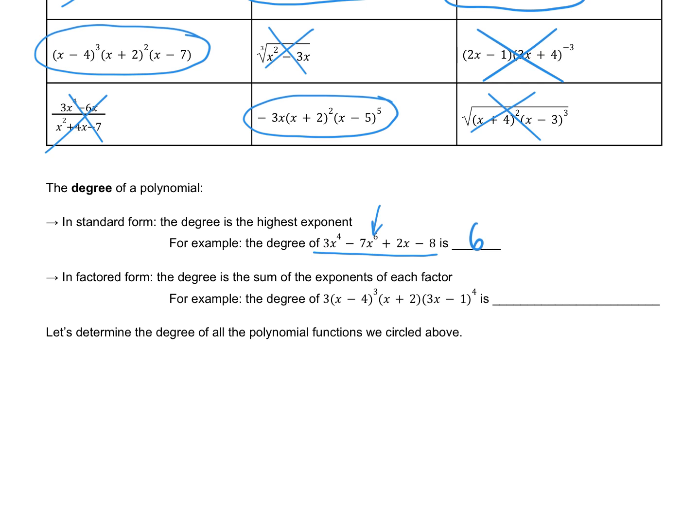But if we look at this example here, I have an exponent of 3, I have the invisible exponent of 1 on the second bracket, and an exponent of 4. So now I can just add these exponents. So 3 plus 1 is 4, plus another 4 is 8. Now that coefficient out front, the 3, if it had a variable attached to it, like if it were 3x, I'd have another exponent to add on.